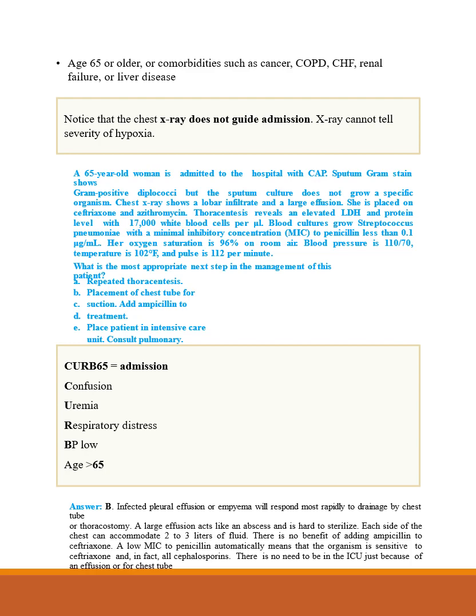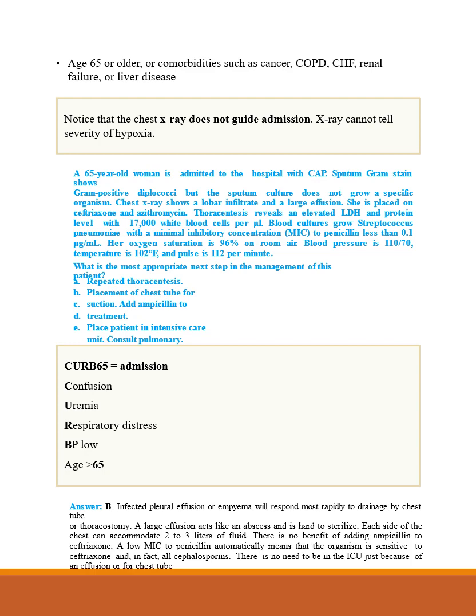The right answer here is B. When we have infected pleural effusion or empyema, it responds most rapidly to drainage by chest tube rather than thoracentesis. A large effusion acts like an abscess. It is hard to sterilize. Each side of the chest can accommodate between 2 and 3 liters of fluid.